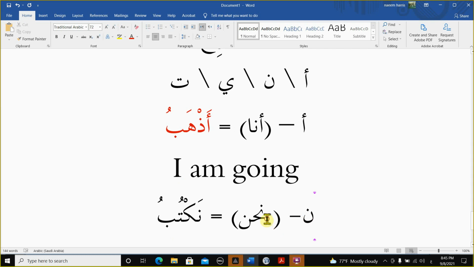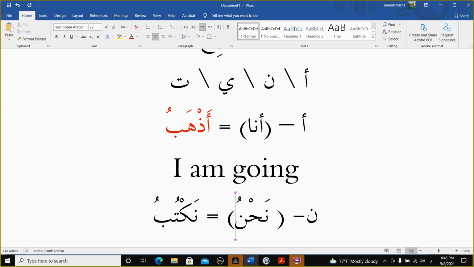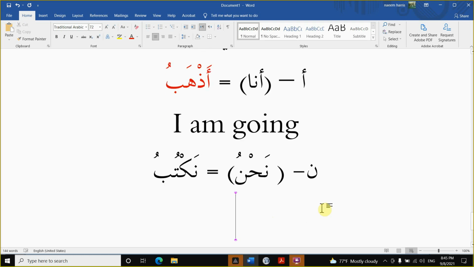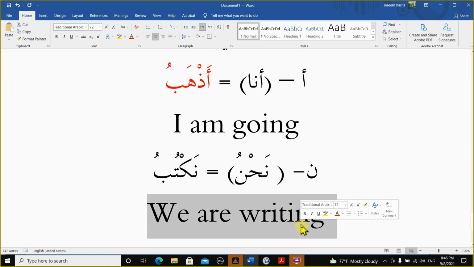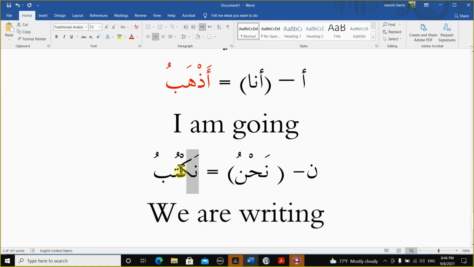The noon is going to be us or we. So naktubu becomes we are writing because of the noon. Kataba means to write. The noon represents nahnu, we are writing.